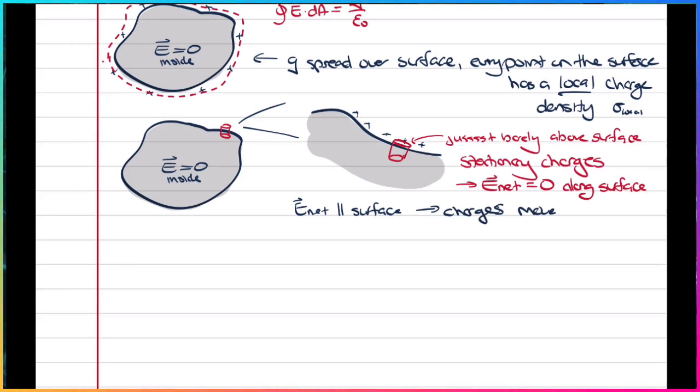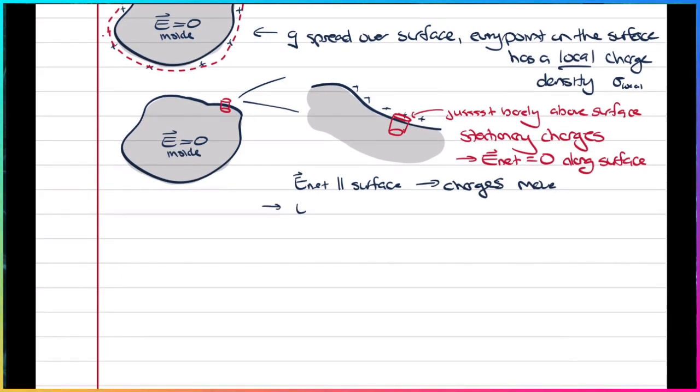But we just said that they aren't moving. We just said that the entire thing's in equilibrium. So this argument implies that E, on the surface, must point perpendicular to the surface. If it did not, then there would be a component of the E field parallel to the surface of the conductor, and the charges would start to move.